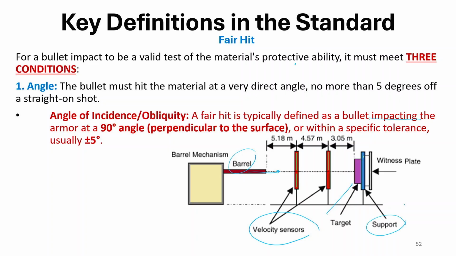Typically there is a back face signature, and witness plates are kept just in case of any perforation. This angle of hit should typically be around 90 degrees.